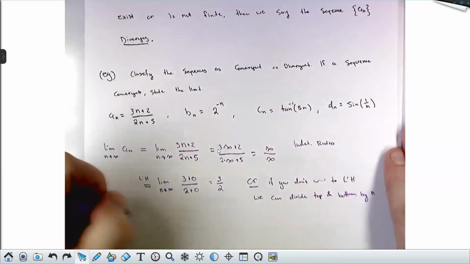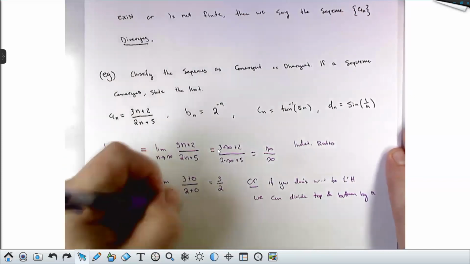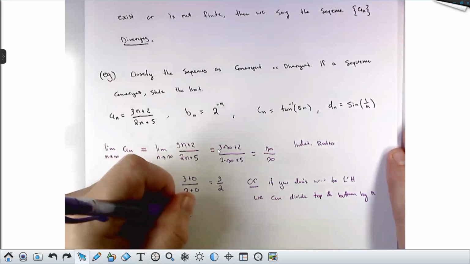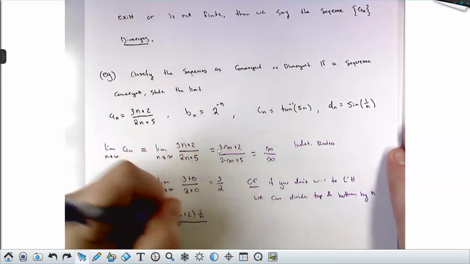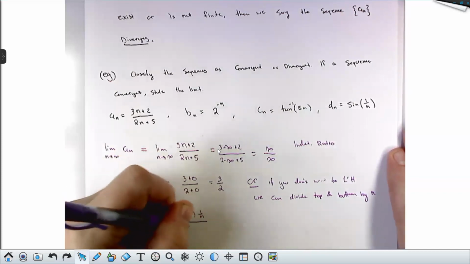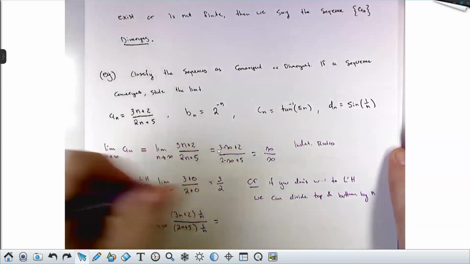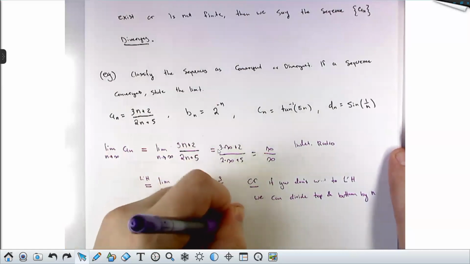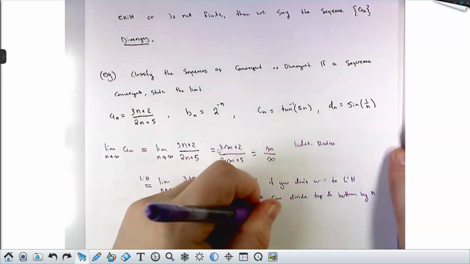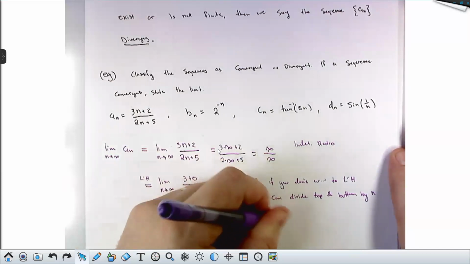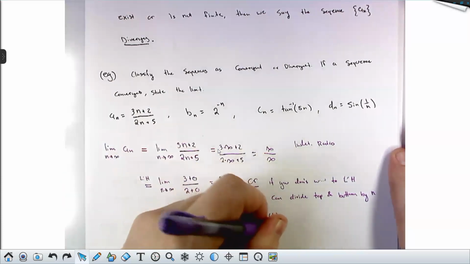And there we would see the limit as n goes to infinity of 3n plus 2 times 1 over n, divided by 2n plus 5 times 1 over n. Distributing our 1 over n's, we would get the limit as n goes to infinity of 3 plus 2 times 1 over n, over 2 plus 5 times 1 over n.